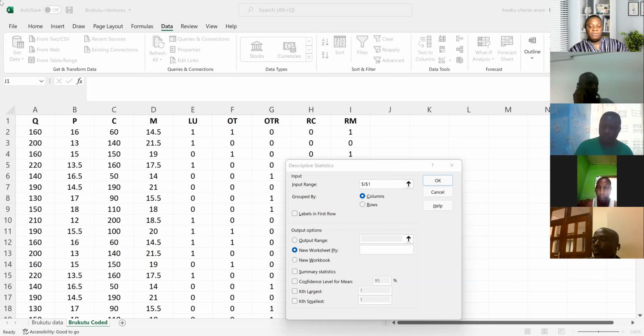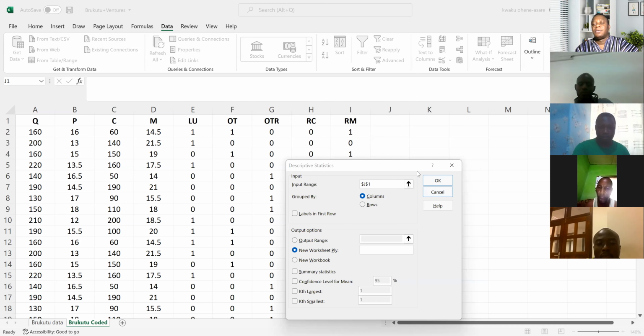Then come down, you see go. And then when you do that, a pop-up will come. In that pop-up, there is a little box attached to the analysis toolpak. Take it and click OK. You should be fine now. Okay, thank you. I've seen it now.